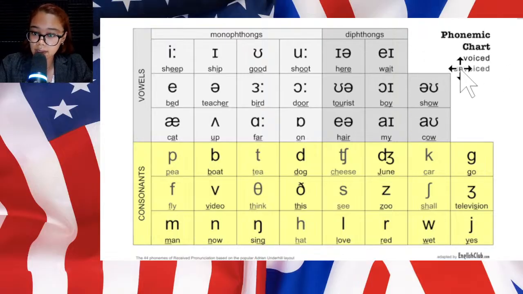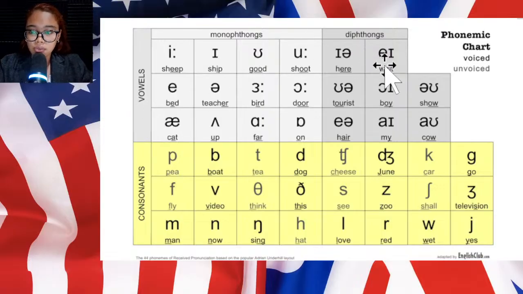There's also voice. Vowels are all voiced sounds. Consonants have unvoiced, and there is also voiced sound. Later on, I will talk about how you can identify which is which.